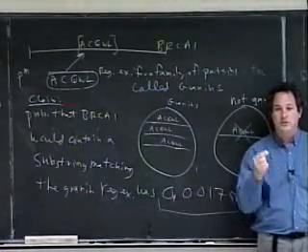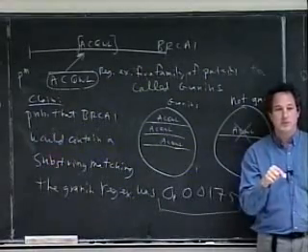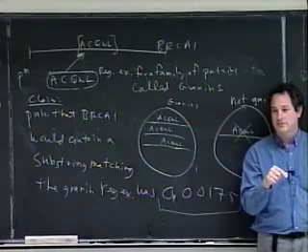So the intuitive question is, how many people does it take before the probability gets to be half?